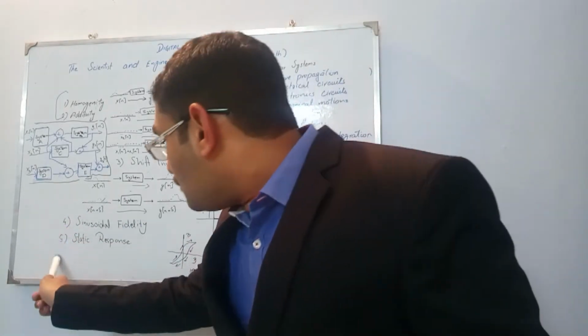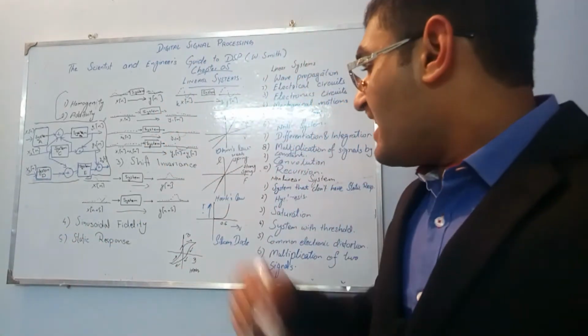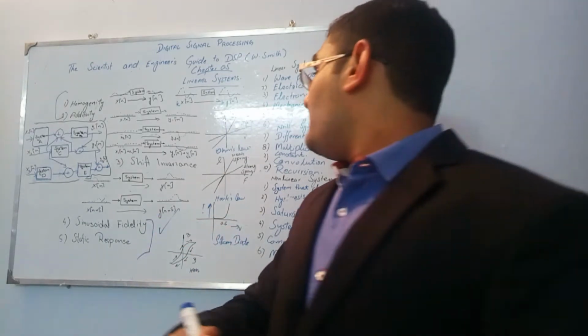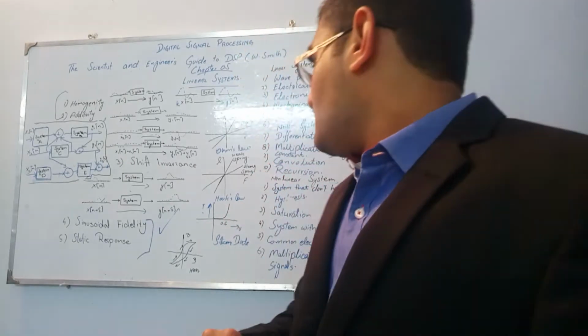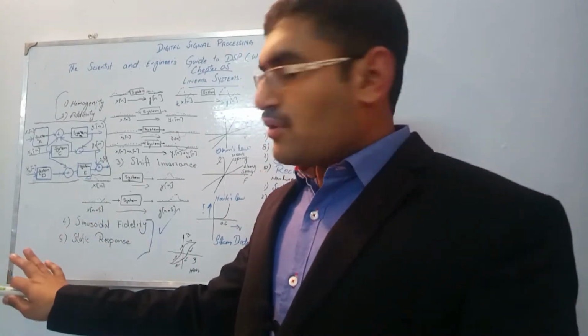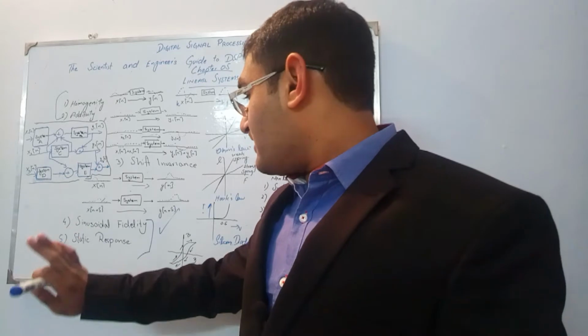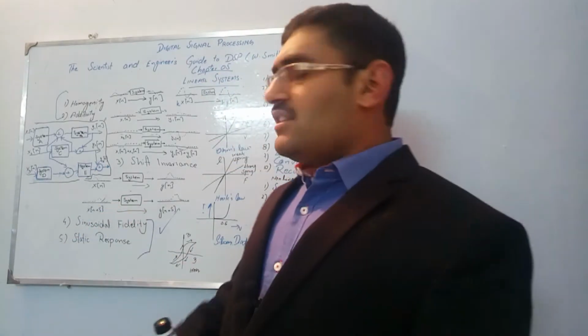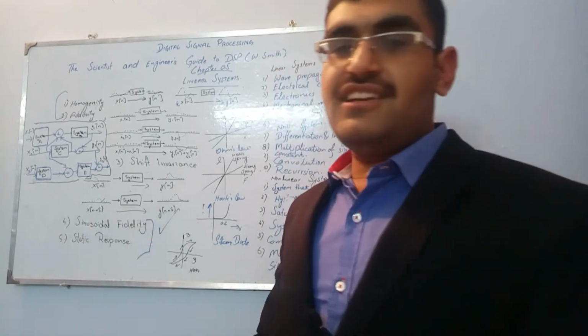Because there are two more properties that have to be followed by a linear system. Those two properties are sinusoidal fidelity and static response. Let me tell you what sinusoidal fidelity is.